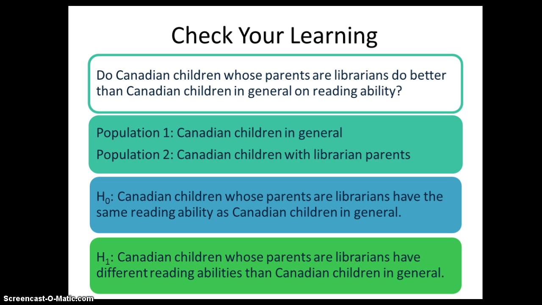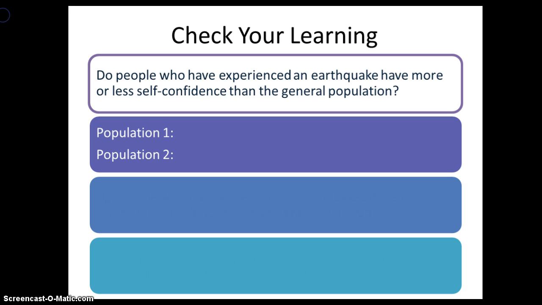And for the alternative hypothesis, we'd say Canadian children whose parents are librarians have different reading abilities than Canadian children in general. Again, notice that we say that they're the same for the null hypothesis and that they're different for the research hypothesis. Here's another example. So go ahead and pause, note the populations and your two hypotheses.